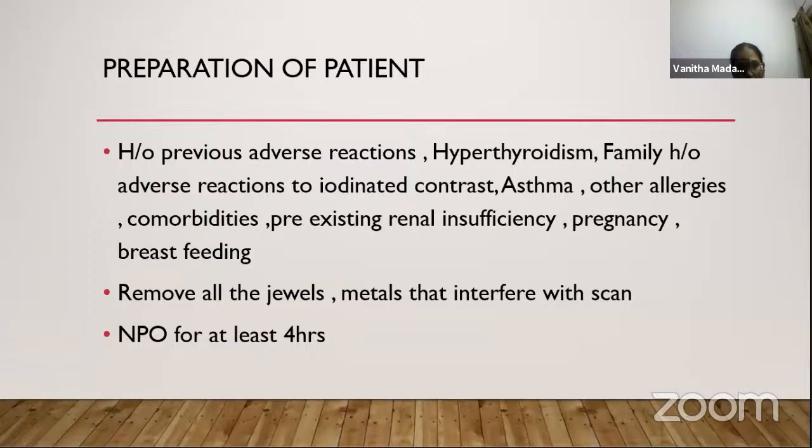And we have to ask for a history of hypothyroidism and the family history of adverse reactions, and a history of asthma or other allergies, and history of comorbidities like diabetes mellitus mainly, to look for diabetic nephropathy, and the history of pre-existing renal insufficiency, and whether the patient is pregnant or a breastfeeding mother. And we have to advise the patient to remove all the jewels and metals that interfere with the scan to avoid artifacts. And we have to advise the patient to be nil per oral for at least 4 hours.